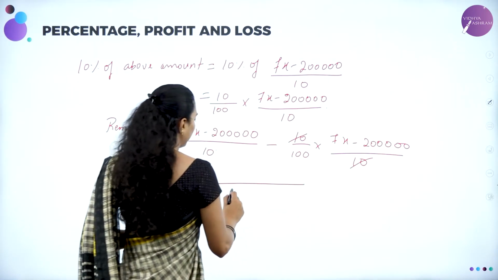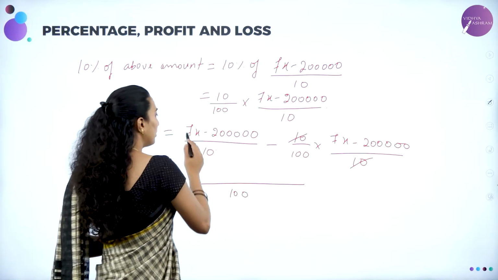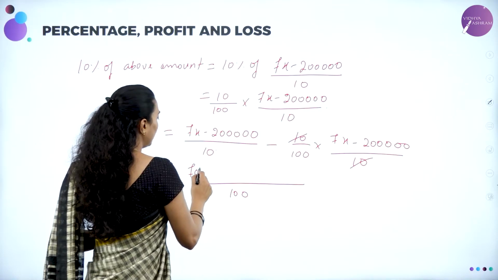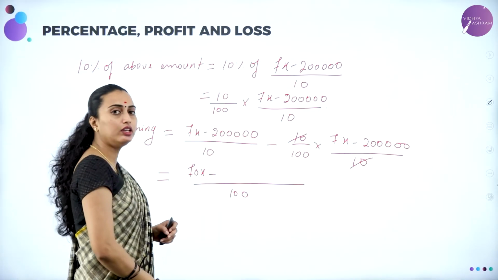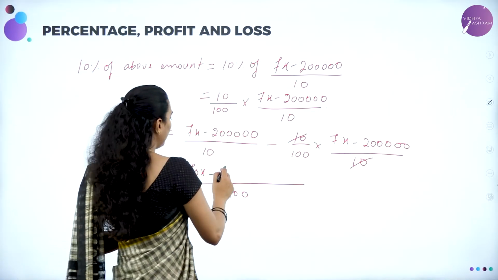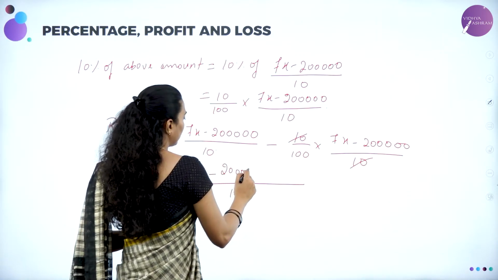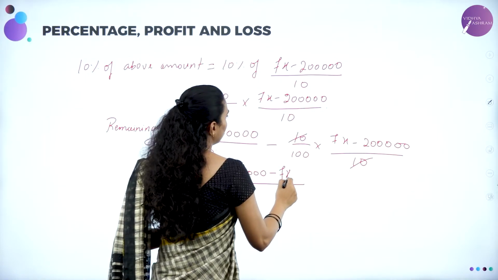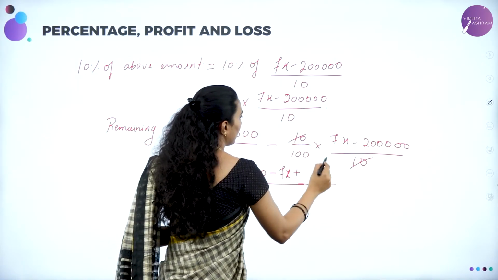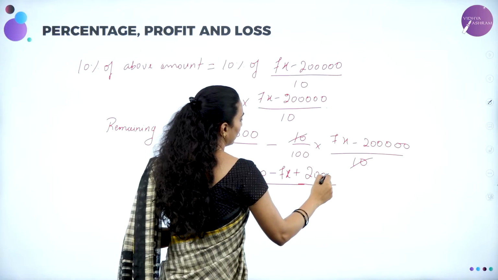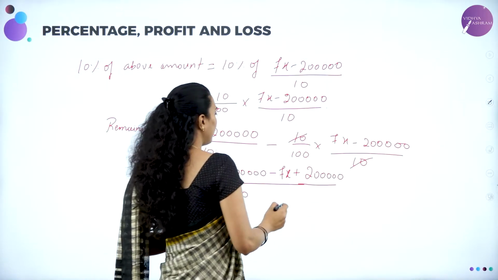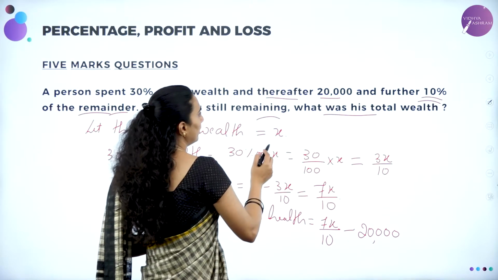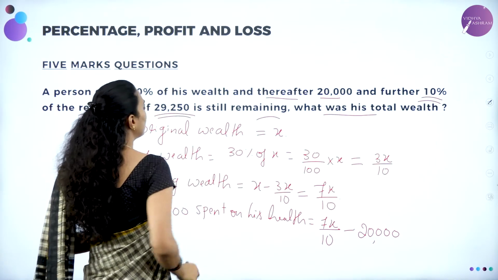So you can multiply here by 10, because 10 tens are 100. 10 sevens are 70x minus 2 lakh into 10, you are going to have 20 lakh, minus 7x plus 2 lakh. Is equal to the remaining amount, they have given here, see, 29,250.